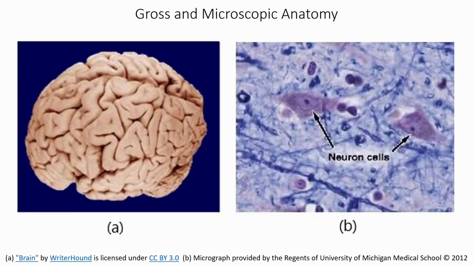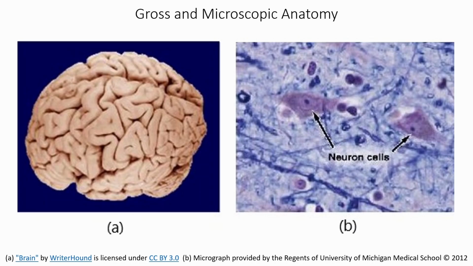So here we have two examples, and we're looking at the same kind of thing. We're both looking at parts of the nervous system. In this case, we're looking at the brain. We have the gross anatomy on the left where we see the brain in its entirety. You can see a brain if one was put in front of you without a microscope. And then on the right, we have neuron cells, we have the neuroglia around them.